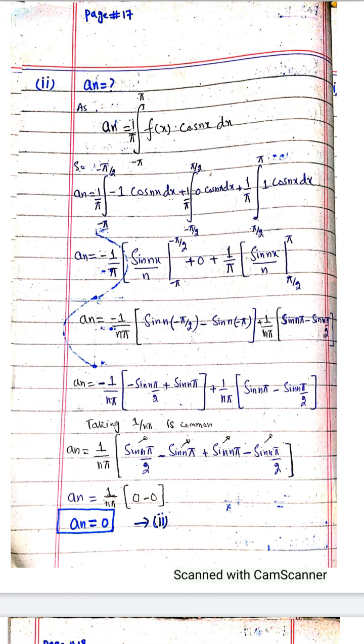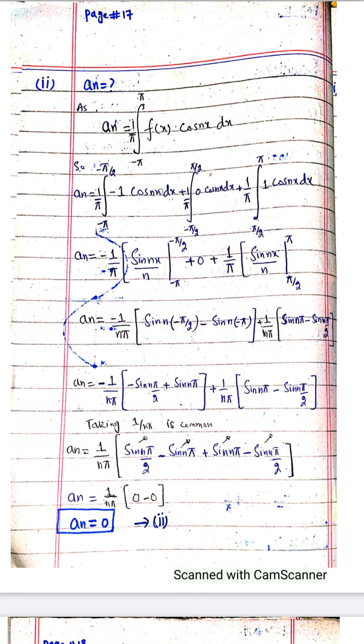Now plus 1 over pi, for function f of x equal to 0, the limit is minus pi by 2 to pi by 2, cos nx dx, plus 1 over pi, the limit for f of x equal to 1 is pi by 2 to pi, cos nx dx. Here aₙ is equal to minus 1 over pi.